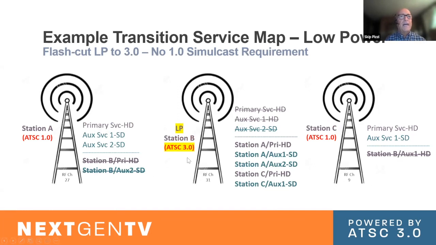So in that case, the low power becoming 3.0, and again, it's low power, but you could turn the robustness up so it essentially covers the market like a full power station would. It's got a lot of bandwidth available right from day one for other uses.